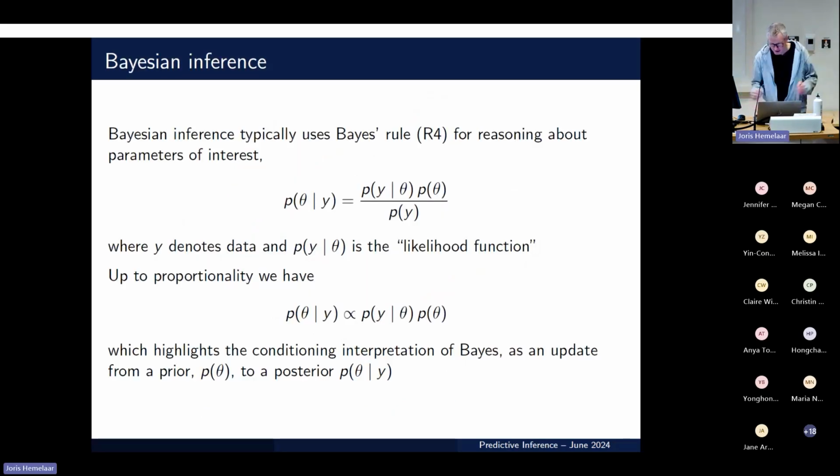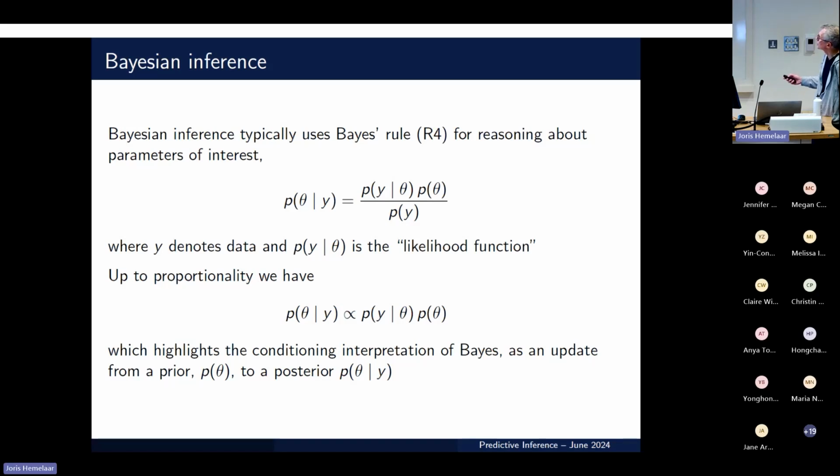Okay, let's get going. Bayesian inference typically uses Bayes' rule for reasoning about population parameters of interest. So we have a parameter theta that we're interested in. We have some data y, and the famous formula says that we have the likelihood function times a prior that's normalized.